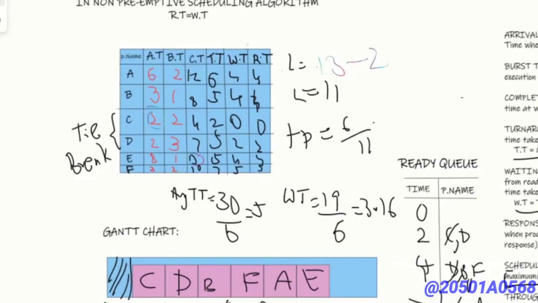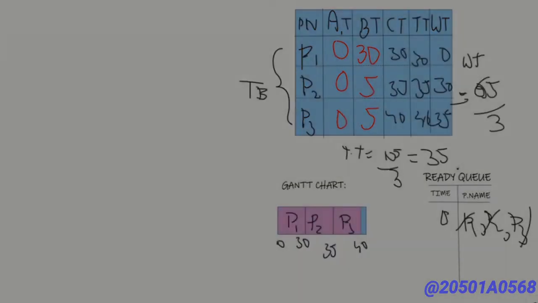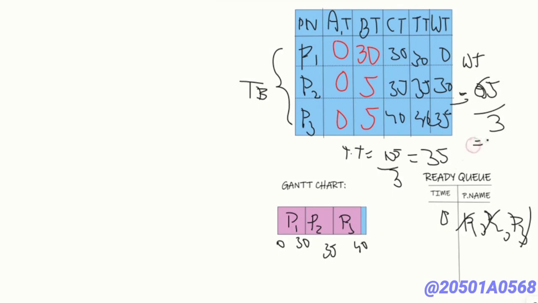Let us consider the final example. Here there are three processes P1, P2, P3, and at 0 milliseconds the processes entering into the ready queue are 3 processes, that is P1, P2 and P3.